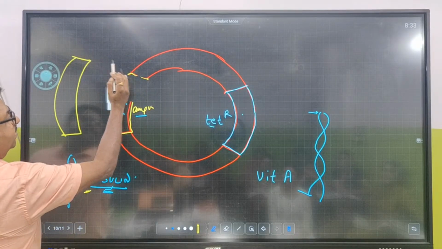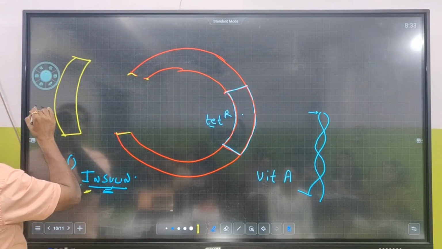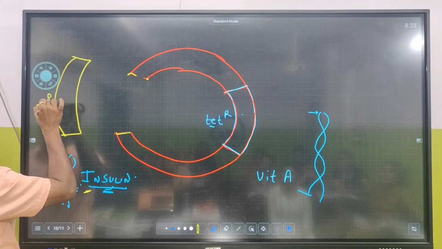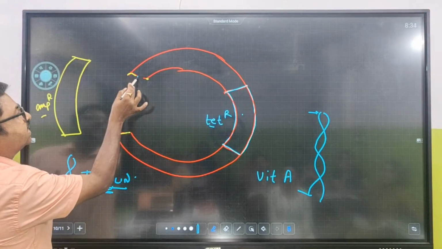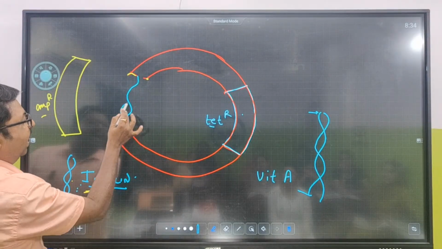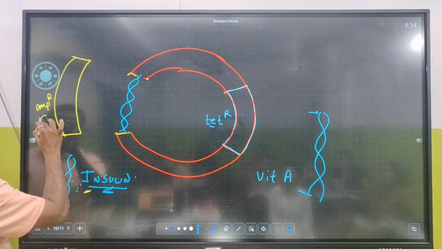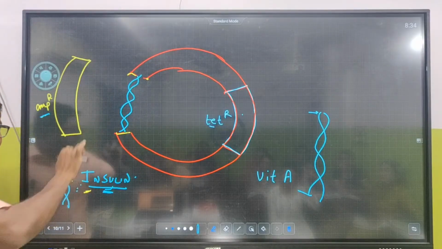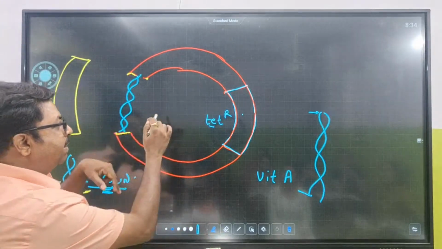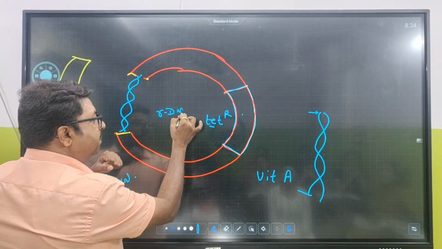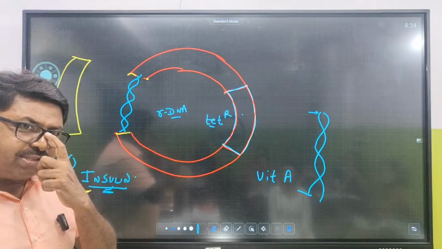The ampicillin resistant site has come out, and our gene of interest, this blue gene, has cut off this particular ampicillin site and got inside it. Clear? Now this has become what for us? Recombinant DNA for us.